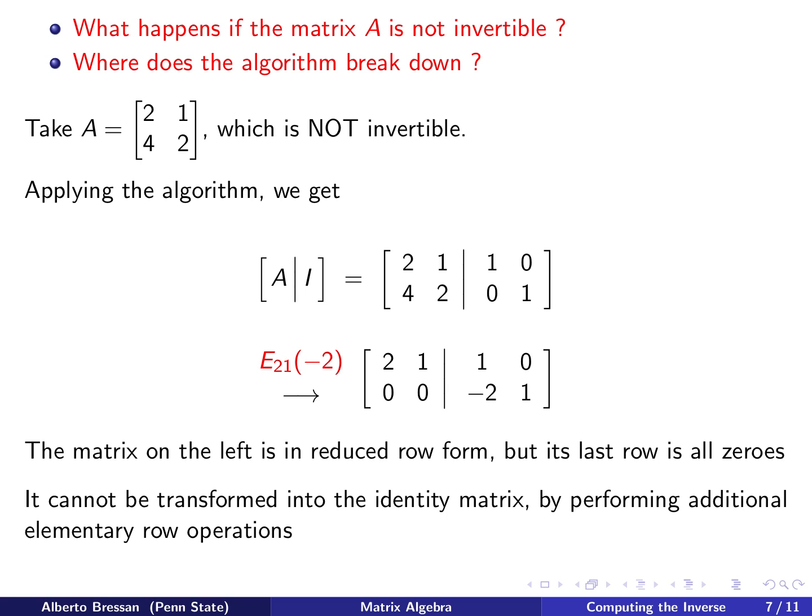When this happens, there are no more operations you can perform to reduce this into an identity matrix. Therefore, we cannot find an inverse matrix of A, and A is not invertible. So in this example, if the last row, or any of the rows, becomes all 0 in this calculation, then A is not invertible.